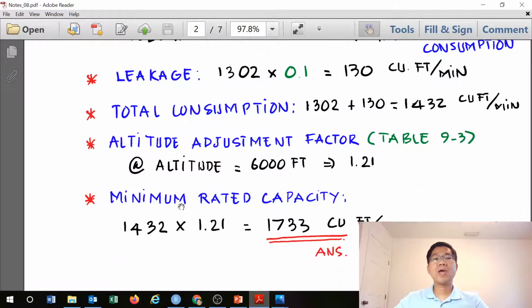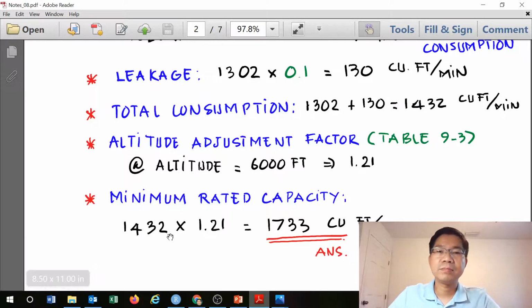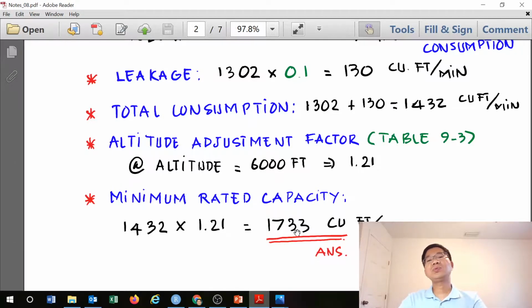So the minimum rated capacity to fulfill the requirement of the equipment for this construction site is the total consumption, including leakage, times the altitude adjustment of 1.21, which gives 1,732 cubic feet per minute.